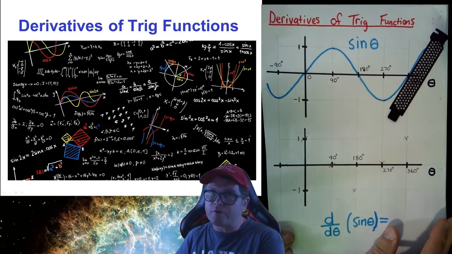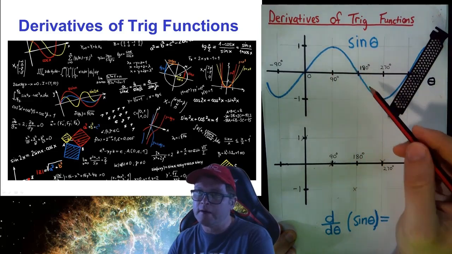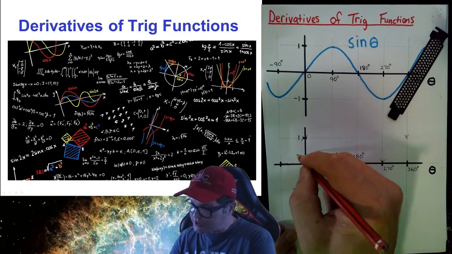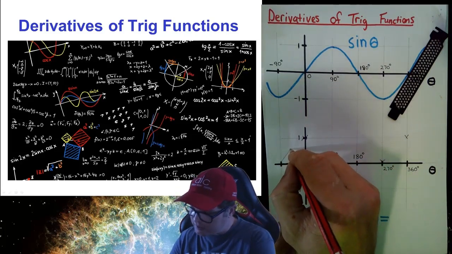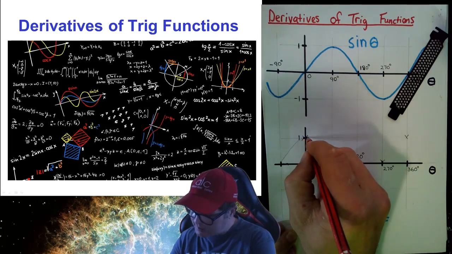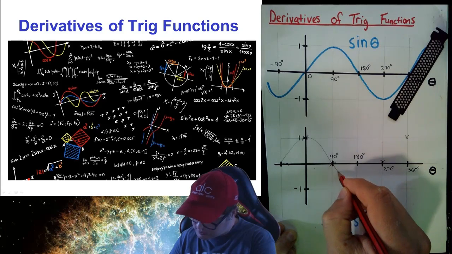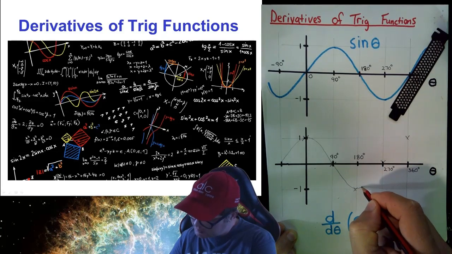If we did this for each of the individual points, each of the points in between the ones we've looked at, then we would find that we get a graph that looks like this. Connecting the dots, it goes to 0. At 180, it's minus 1.